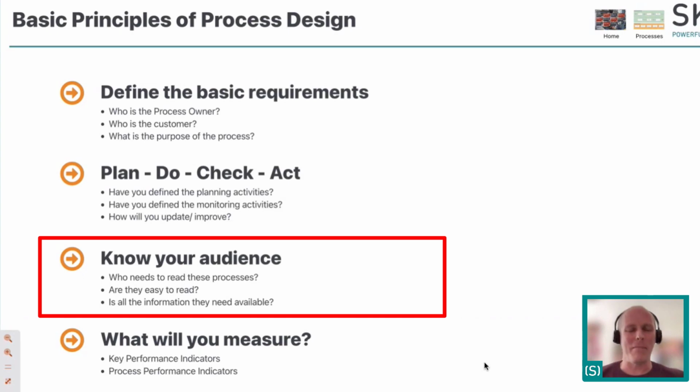And that may change over time, especially if you're in, say, a change or transformation program. If you're doing an as-is piece of work at first, you might be just doing that so that the project team can understand the issues and challenges and pain points today. So as long as the project team understand it, that's good enough.